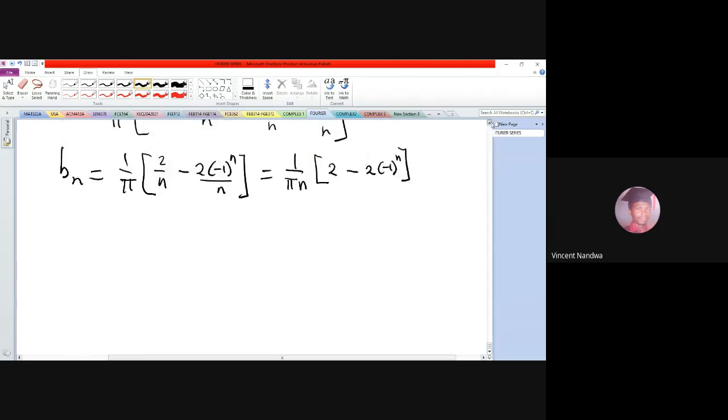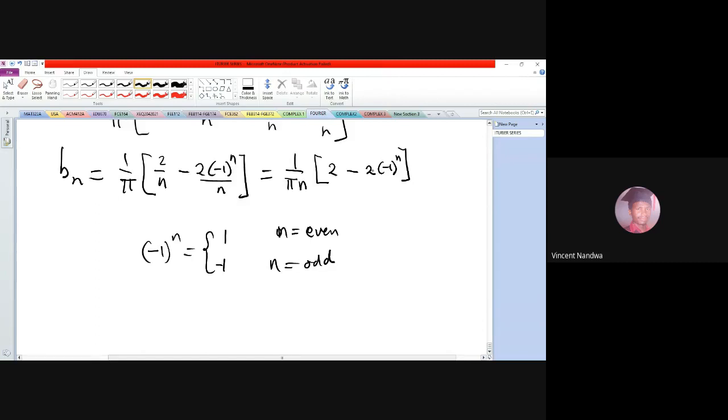Now, (-1)^n is 1 when n is even, and -1 when n is odd. So when n is even, this part will give us 1, so it will give us a 0 value.